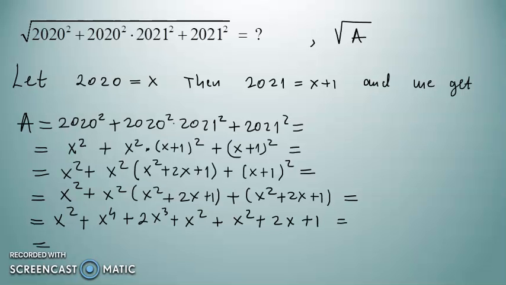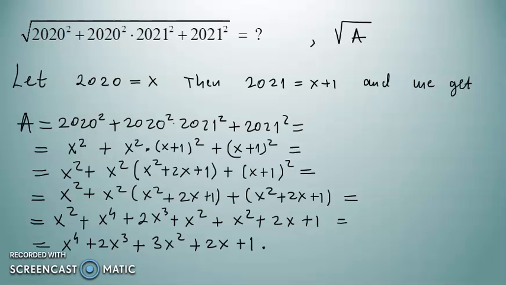And this becomes x to the fourth power plus 2x cubed plus 3x squared plus 2x plus 1. Now let's look at this expression. We must find out which square this is. We can hope to have a binomial squared, but it is also possible to have a trinomial squared.